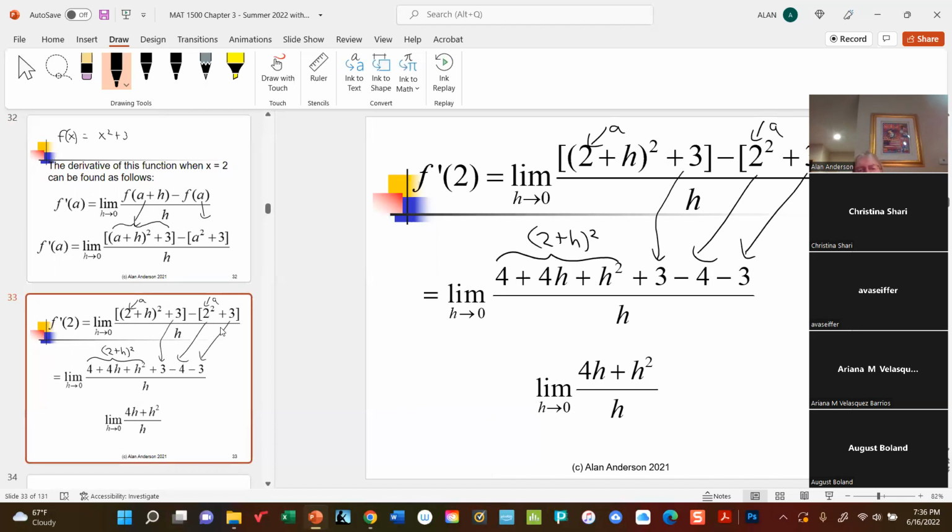So you can see that all that simplifies down to 4h plus h squared all over h, which of course is the same thing as the limit of 4 plus h. Oh yeah, it's 4. And that's the slope of the tangent line at that point, which means that is the derivative of the function when x equals 2. Or think of it as the rate of change of the function when x equals 2, because it means the same thing.